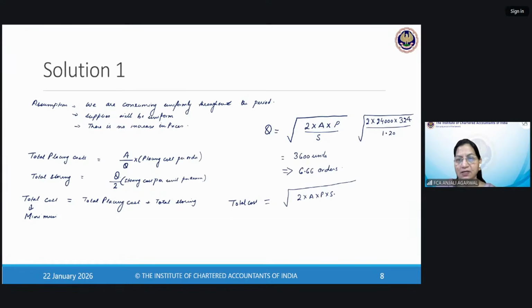Instead of S, you can also call it C as carrying cost. So 2 into 24,000 into 324 into 1.2 under the root. When you solve this, you should get 4320. I'm sure all of you are using calculator simultaneously. If not, then please, that is advised.